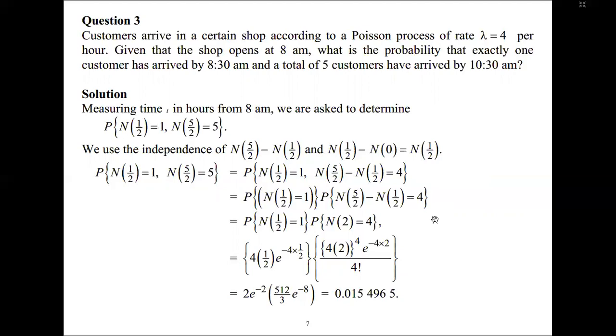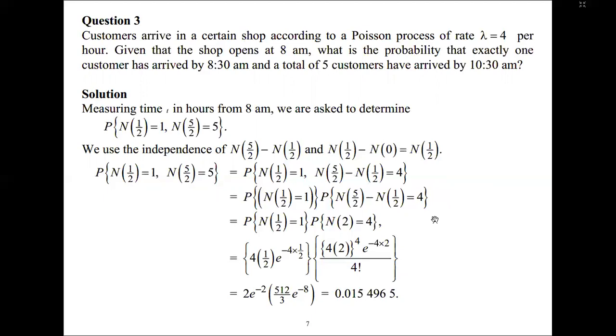Customers arrive in a certain shop according to a Poisson process of rate lambda equal to 4 per hour. So we expect that in that shop, every hour they receive 4 customers.